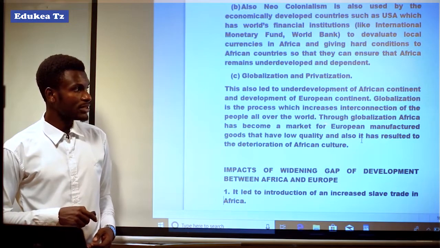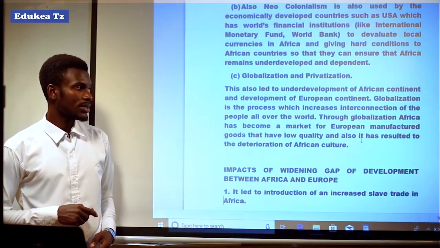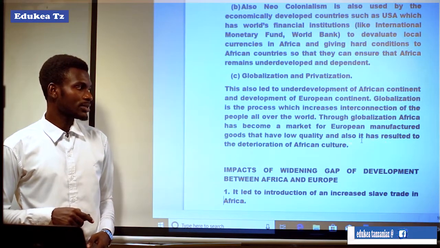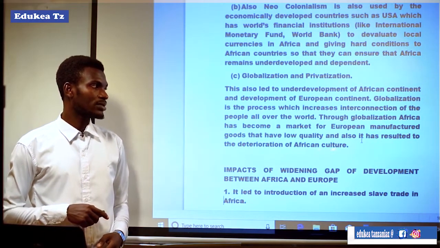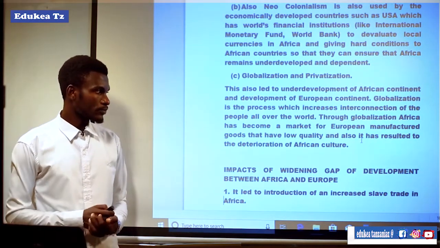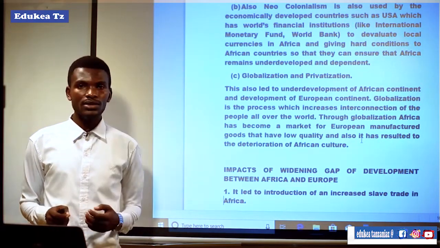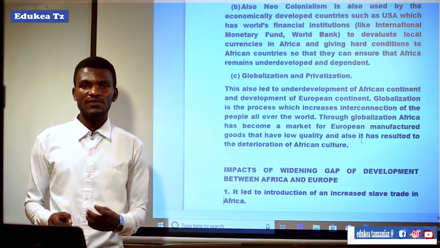Through globalization, Africa has become a market for European manufactured goods that have low quality, and also it has resulted in deterioration of African culture. It means that through globalization, Africa has become the market for European manufactured goods.